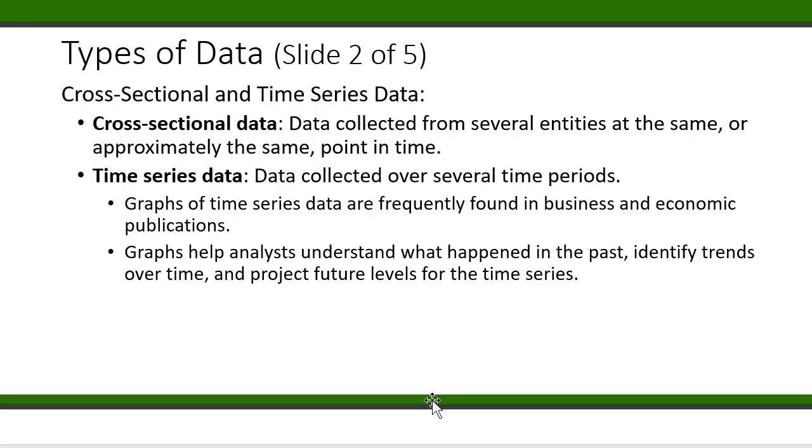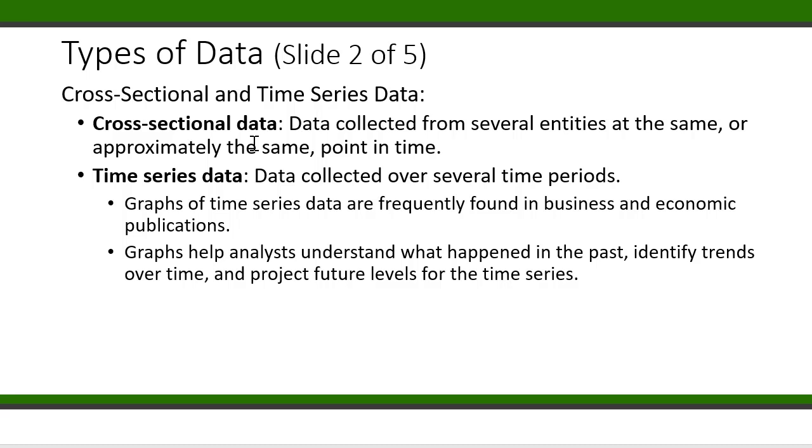Some more definitions to think about: what do we mean by cross-sectional data? Cross-sectional means that the data was collected at the same time, or at least at approximately the same time. So the data that we have for the Dow Jones Industrial Index of companies would be prices and volume of all of those companies near the same point in time.